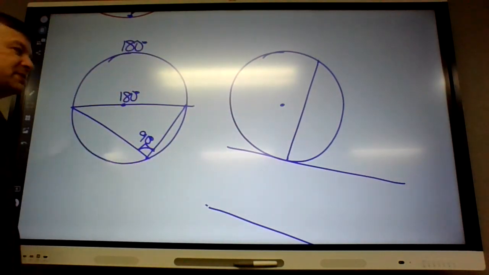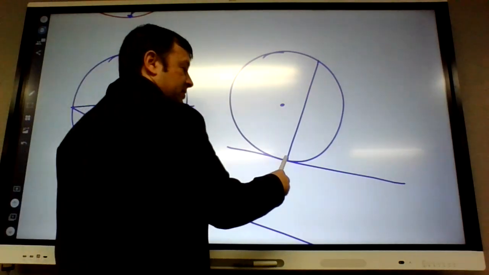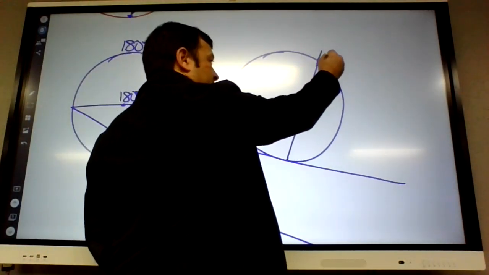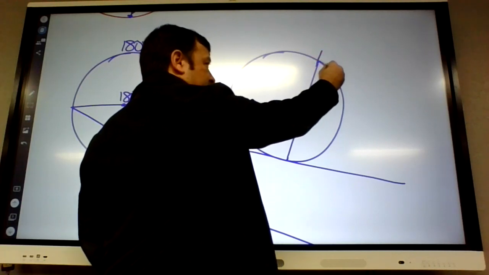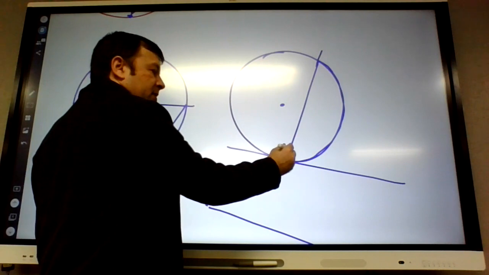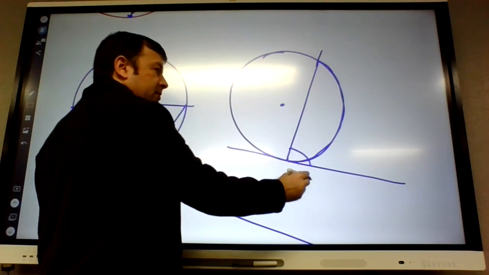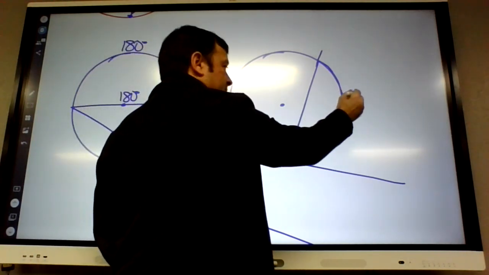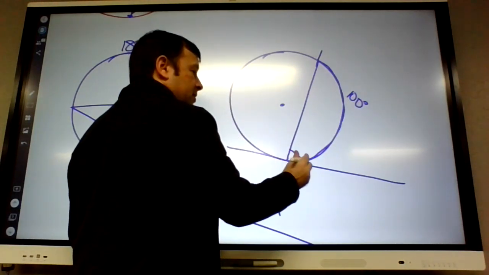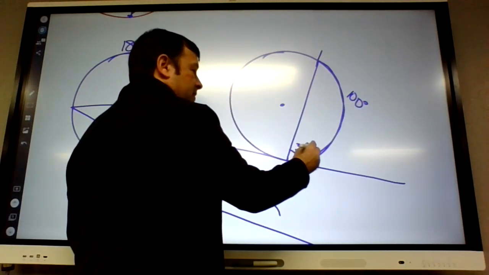Technically this is not an inscribed angle because one of the lines is outside the circle, but it still works like an inscribed angle because it's still going to equal half of the arc that it intercepts. So if this arc was 100 degrees, this angle would be 50 degrees.